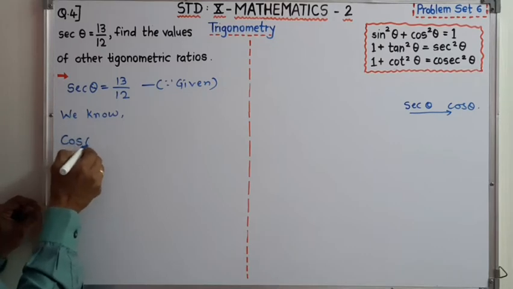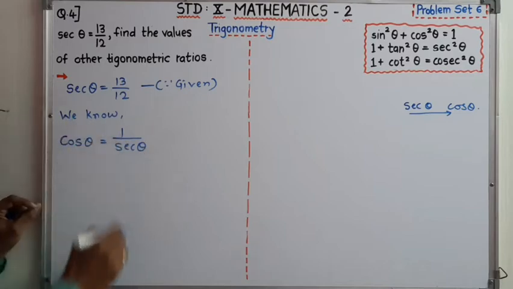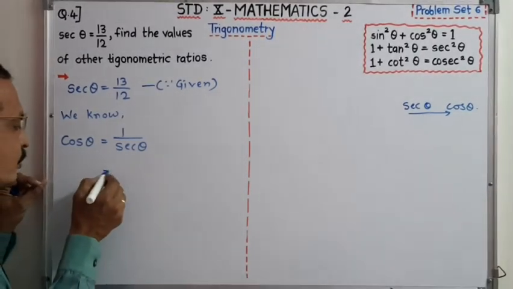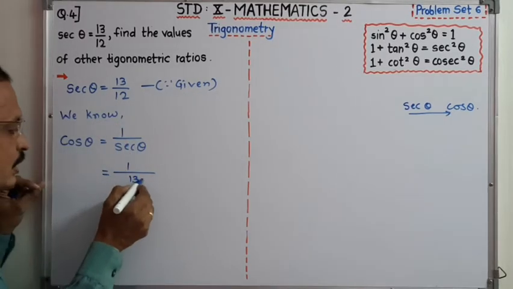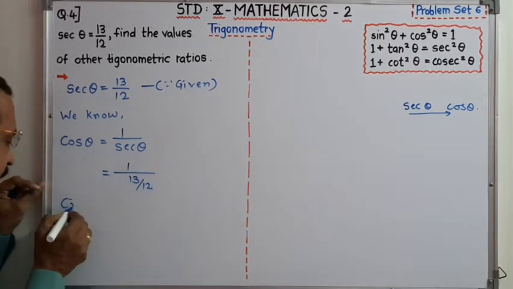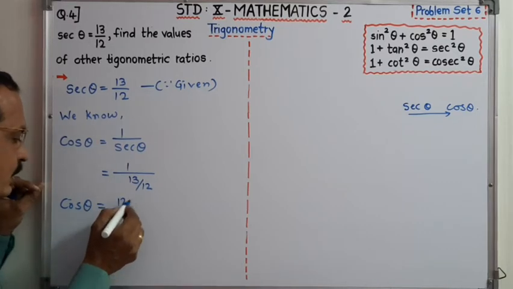Therefore cos theta is equal to 1 upon sec theta, isn't it? Therefore we directly write 1 upon sec theta. Sec theta is 13 upon 12. Therefore directly we write cos theta is equal to 12 upon 13.